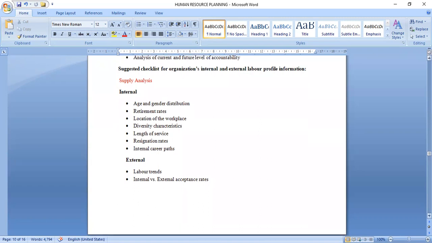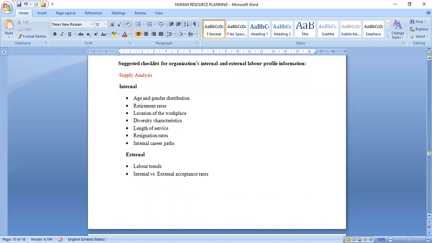So that was the demand analysis. The demand analysis is on the side of how much labor you require. Does the organization need to bring in, to recruit workers? Are we together?